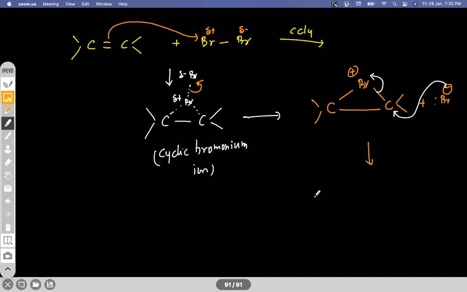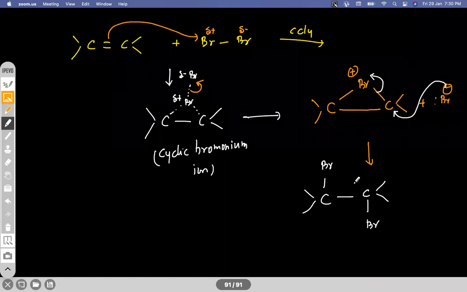So what happens? This bromine will be on this carbon atom on the top, and the bromine which attacks will come from the bottom, and hence it is anti-addition. So anti-addition, because of the cyclic ring that forms during the reaction.